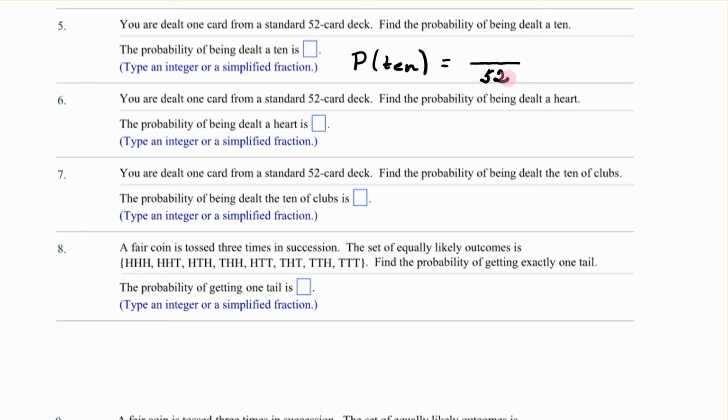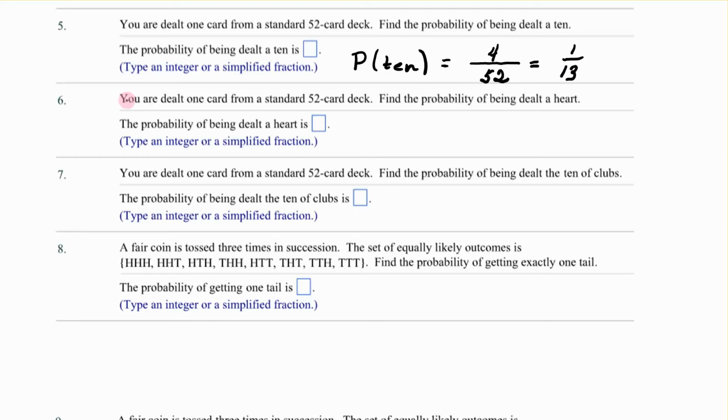Now you have to know just a little bit about the cards, and it is a traditional poker deck. And how many 10s are there? Well, there's 1 for each suit, so there are 4 of them. The probability is 4 out of 52. Reduce it to simplest terms, that is 1/13. The probability of getting a 10 is 1/13.